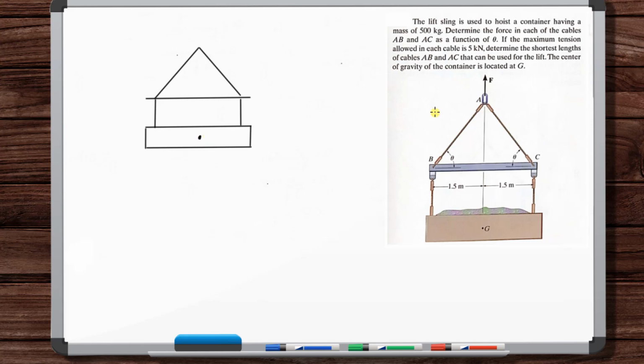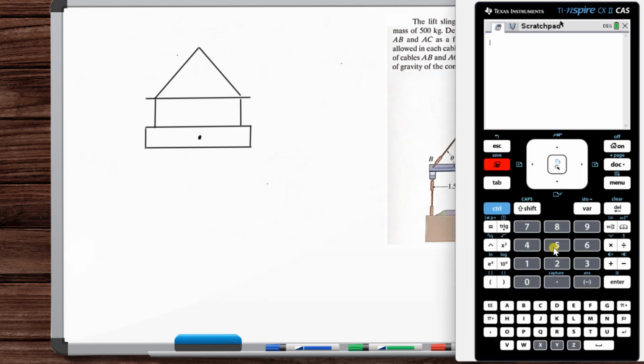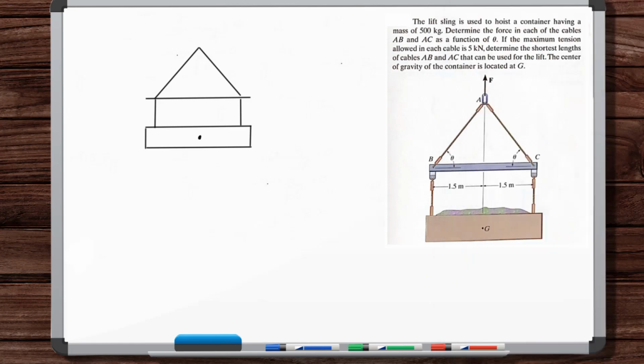So we've got the weight. This container, the center of mass is here, and it has a mass of 500 kilograms, so it weighs 4905 newtons, acting here.